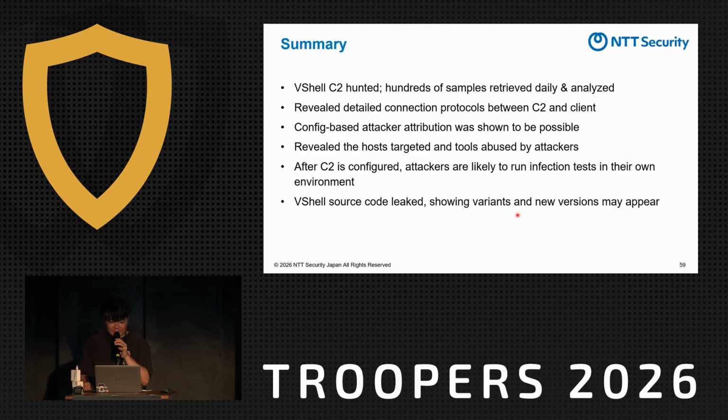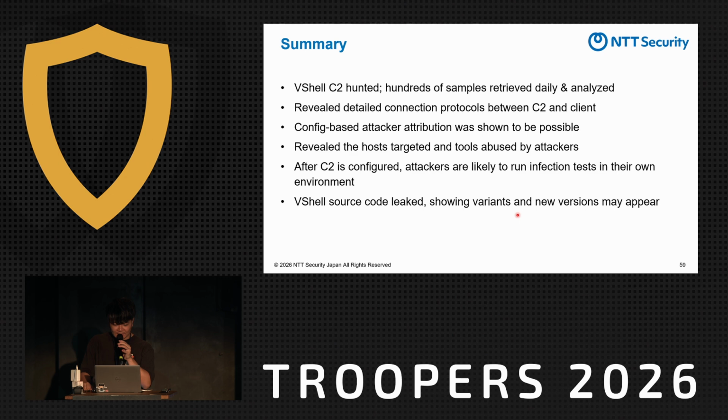So that concludes our presentation. We successfully hunted and analyzed a large number of VShell servers on a daily basis. Our key findings are summarized in five points. First, VShell servers were hunted daily by the hundreds, with samples reliably analyzed. Second, the detailed connection protocol between the server and client was fully reviewed.